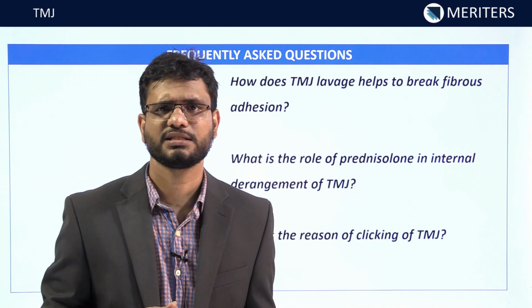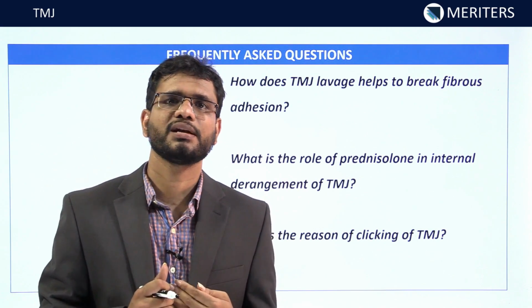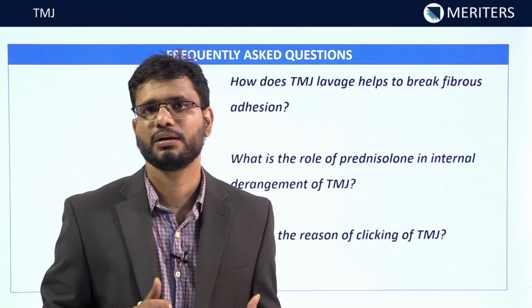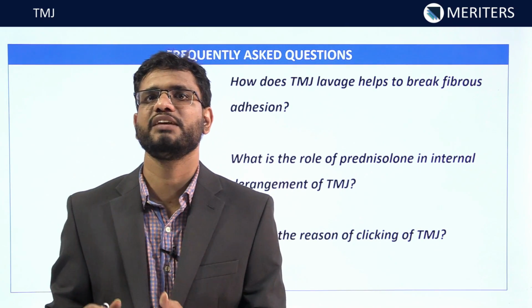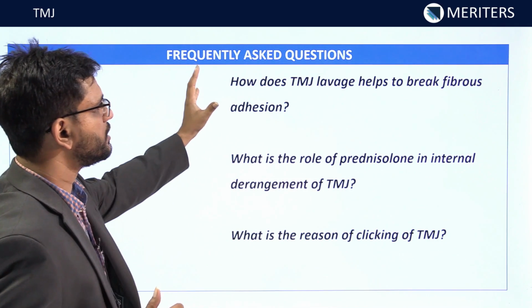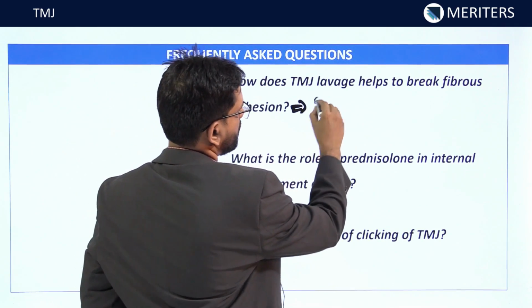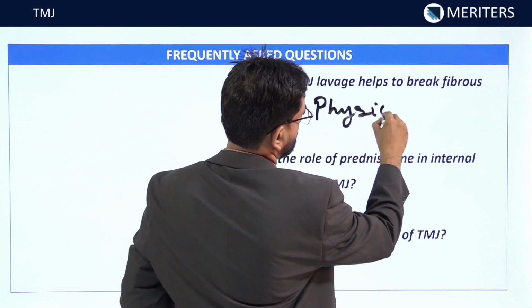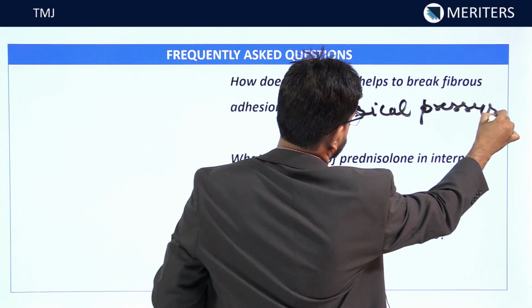Generally Ringer's lactate is used, or we can use normal saline. So when we put the liquid inside, there will be a pressure buildup, right? And that pressure, by physical action, breaks any formation of the fibrous tissues within the TMJ cavity. So how does TMJ lavage help to break fibrous adhesion? By the physical pressure of the liquid, right?